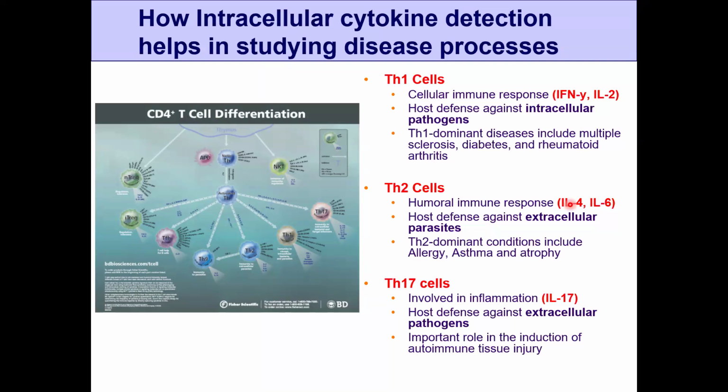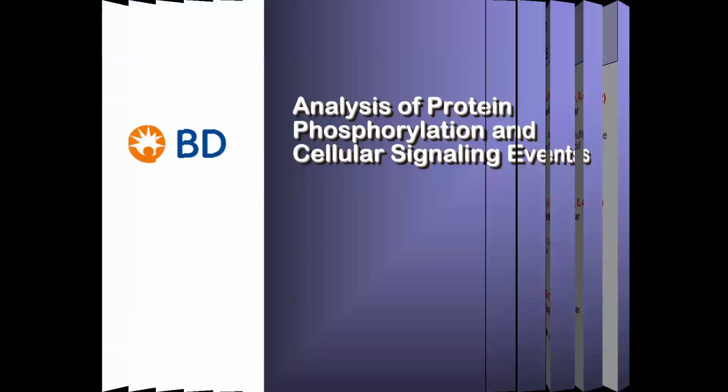And BD has one of the best kits for it, where with just 50 microliters of your sample, you can do all this study. The kit comes with the name of CBA assay kit. There you can do all Th1, Th2, Th17 cytokine studies.